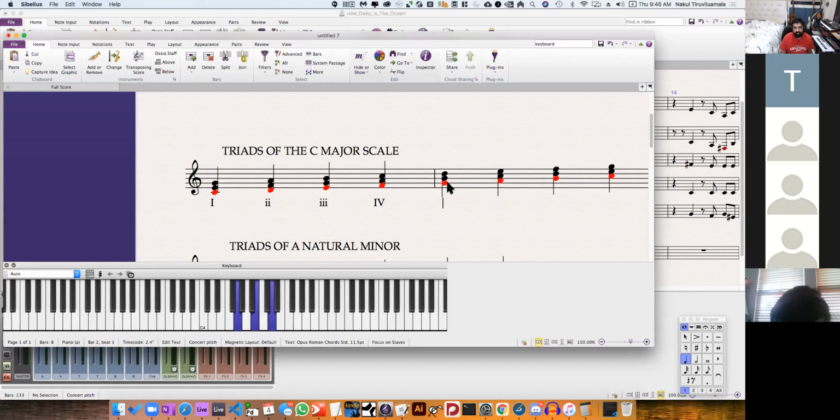How about this one? Major. Major, great. This one? Minor. Minor. How about this one? Diminished. Diminished.